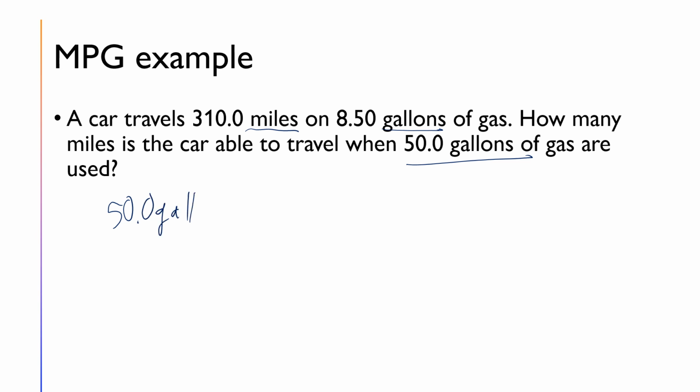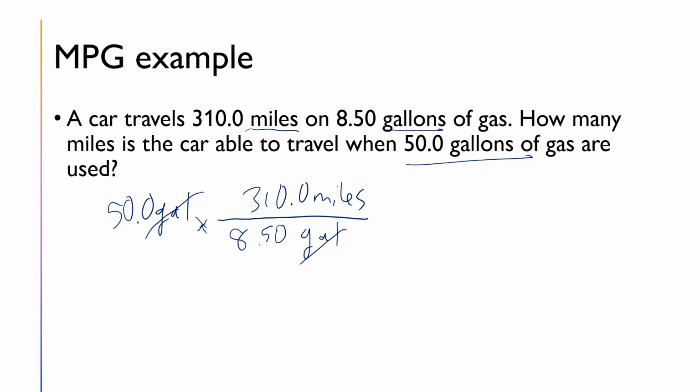I'm going to abbreviate gallons as GAL. I have 50 gallons of gas that we're starting with. And I know that I can go 310 miles on 8.5 gallons. So I want to put that 8.5 gallons on the bottom and the 310 miles on the top. From there, you can cancel out gallons.